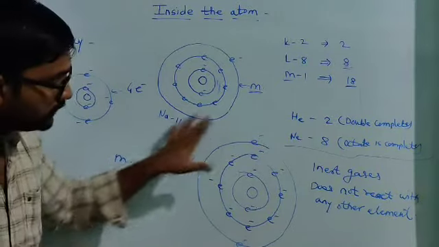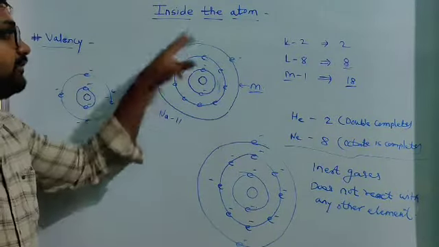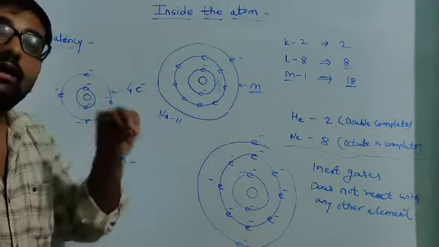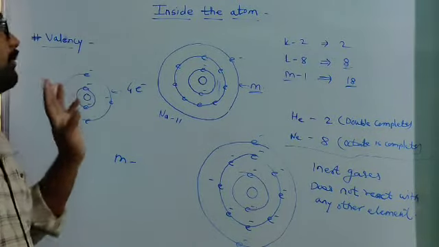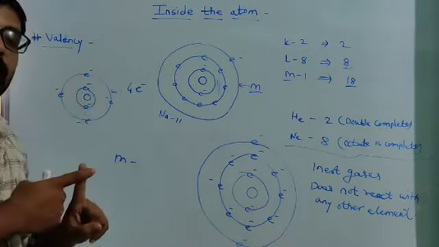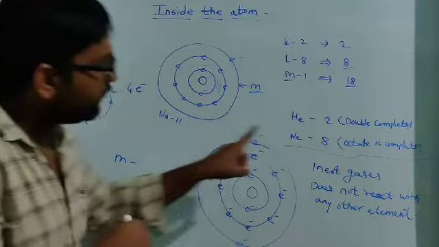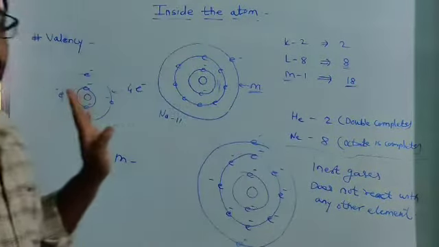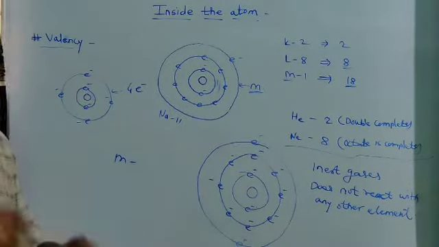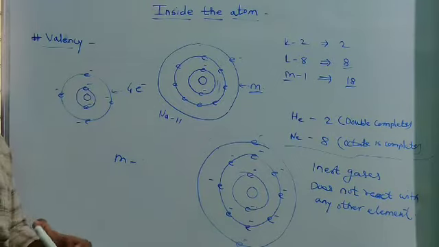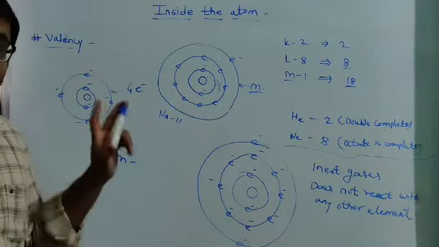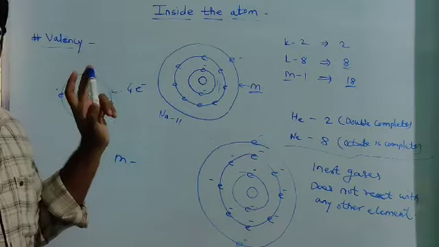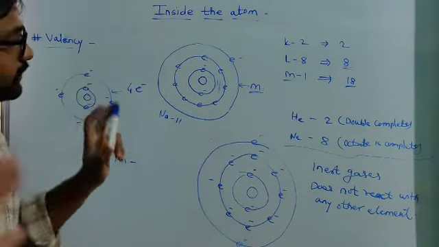So the outermost shell and the electrons in it are important in terms of valency. Another thing to remember: if the doublet or octet of any element is complete, then that element does not react with any other element. That also we have to clearly understand.